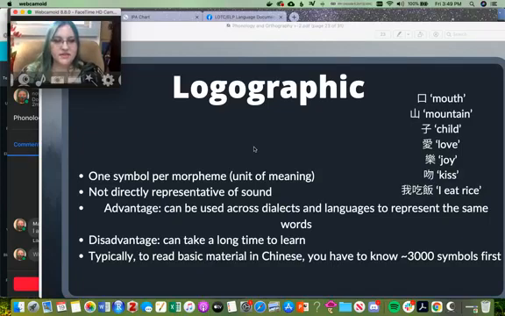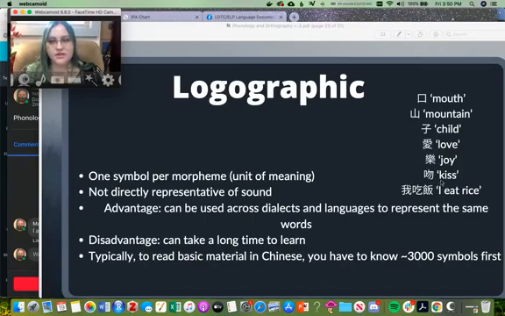So because of this, an advantage that it has is that it can be used across dialects and languages to represent the same words. So even if your dialect or language has a slightly or very different pronunciation even of the same word, you can still read it even if it was written by someone who doesn't speak your dialect, because it's not based on the sounds. It's based on the concepts behind the words.